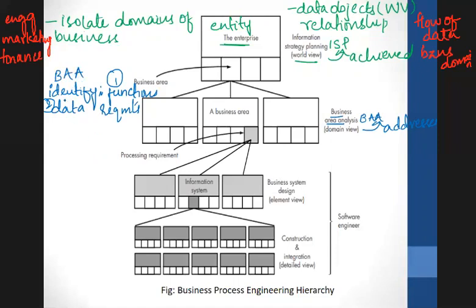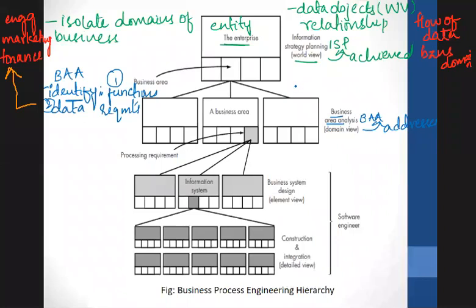Now these business functions that are identified for functional and data requirements are done upon the business areas that were identified by the ISP. That is, this is done for the different business process areas that were identified within the world view. Now the other job that this BAA is going to perform is the same thing.